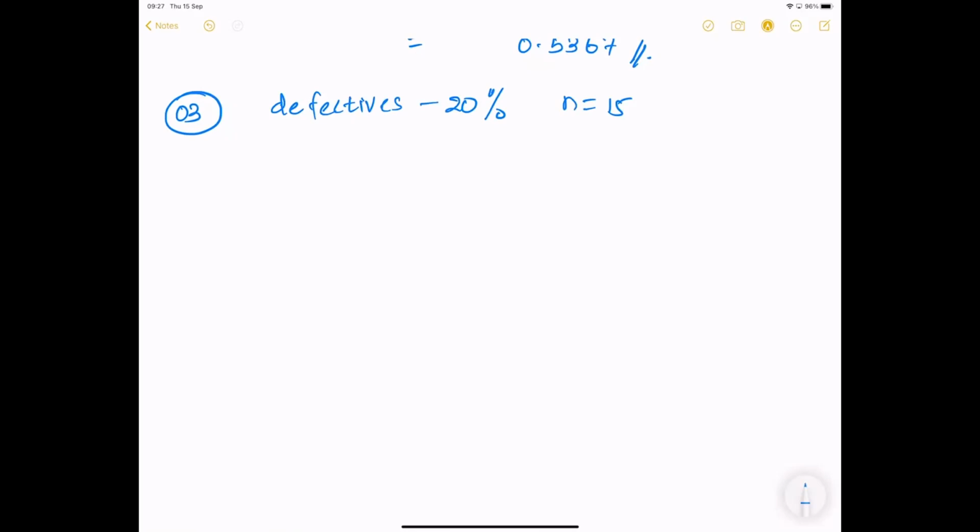So again, we have a binomial situation, right? We are referring to our success as having defective items, right? Two options, defective and non-defective.